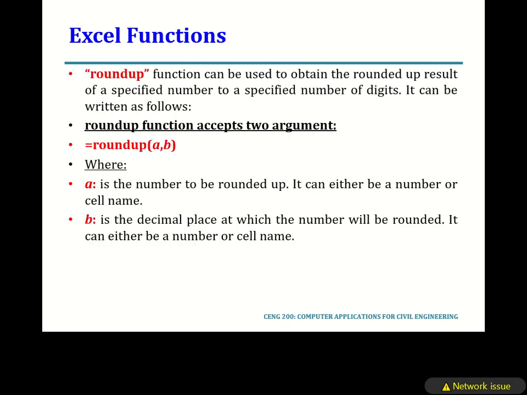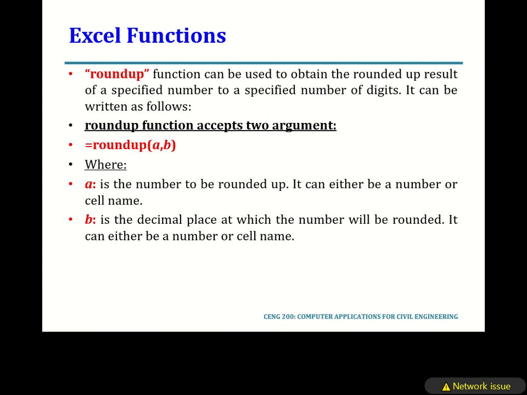Okay, round up. It will always round up. And again it will take two arguments: the number which you want to round up and the number of decimal places you want in that number. If I talk about this one, 3.1, instead of round, if I use round up, what will be the answer? 3.2 always.